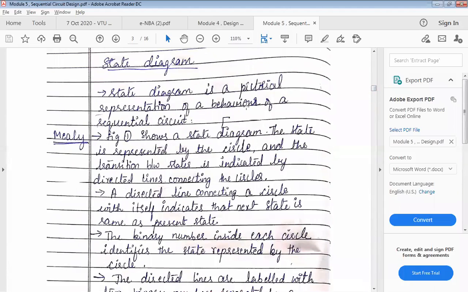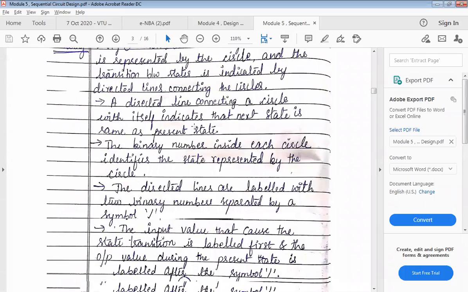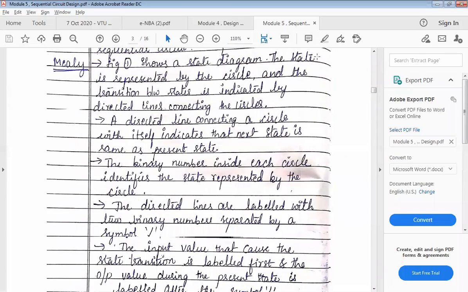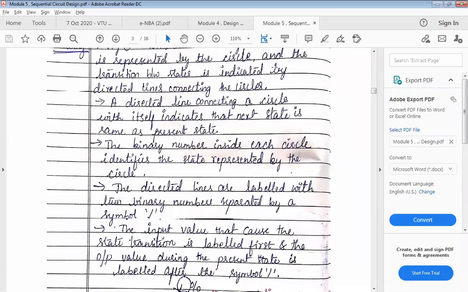So a state diagram is a pictorial representation of the behavior of a sequential circuit. The figure shows a state diagram. The state is represented by a circle and transition between states is indicated by directed lines connecting the circles.